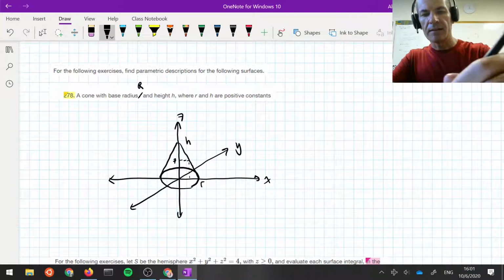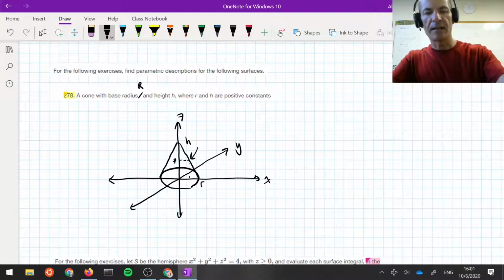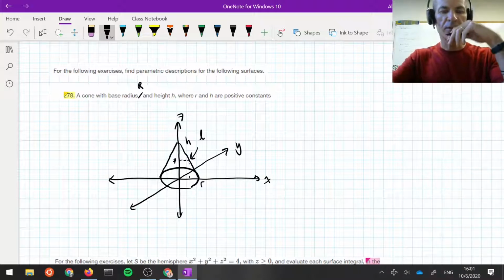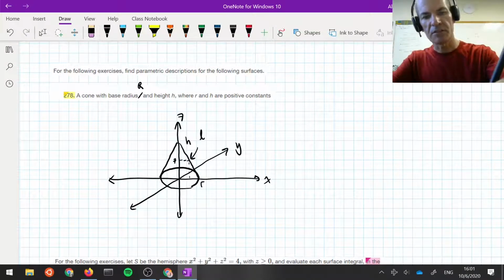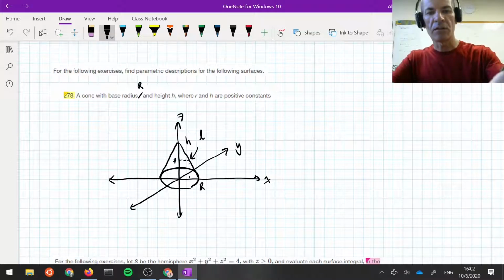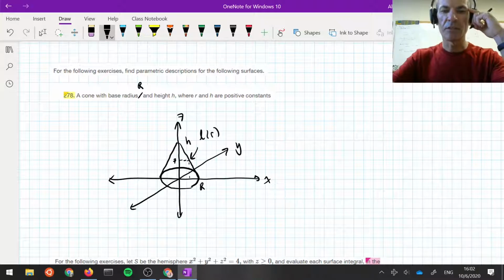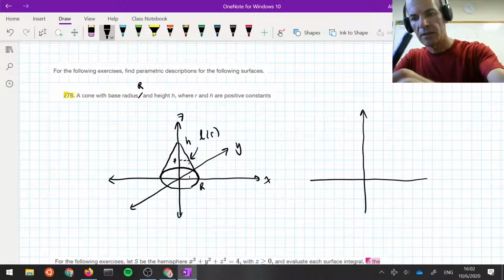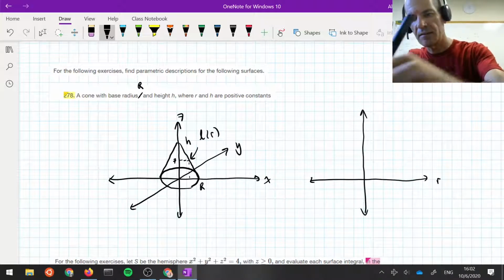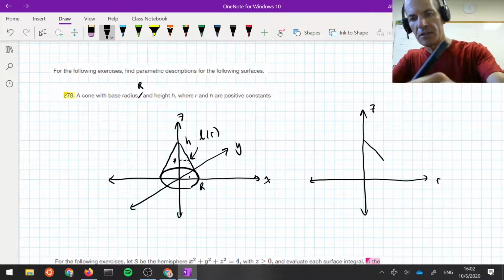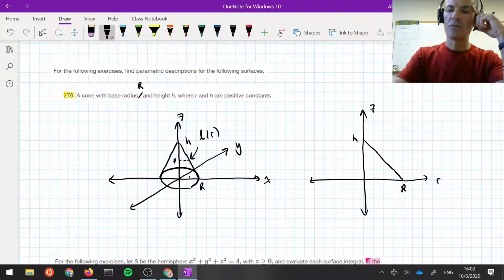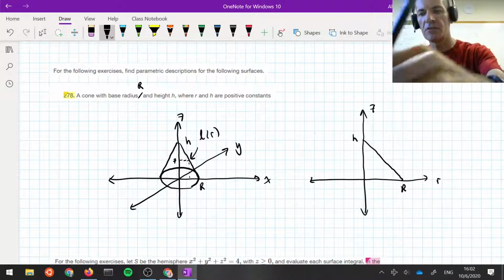And the way to do that is to find the equation of this line right here. So let's find the equation of that line. We'll write L as a function of, let's see, I should be consistent here. I want to use capital R, and we'll use little r. L as a function of little r, the distance from the origin. So let's put that here in what I call the rz plane. And let's sketch in just a line that goes from (0,h) to (R,0).